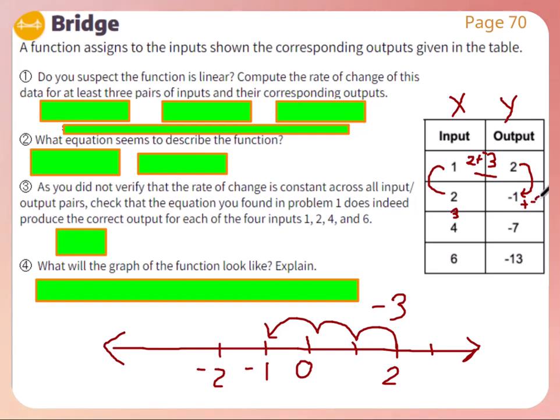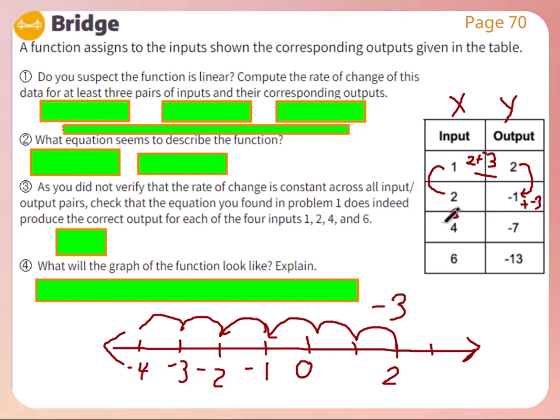So negative 1 plus a negative 3. Here's negative 1. Then we're going to go backward. Negative 2, it's 1, 2, 3. So we're going to end up at negative 4.